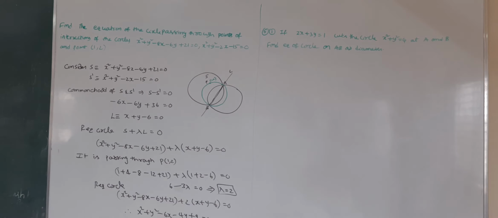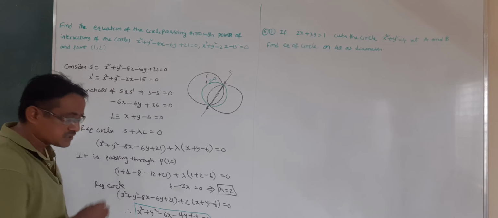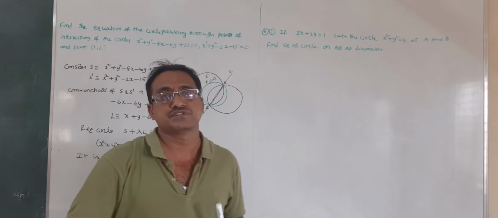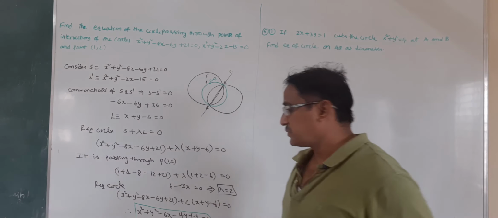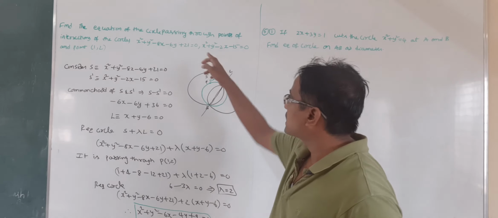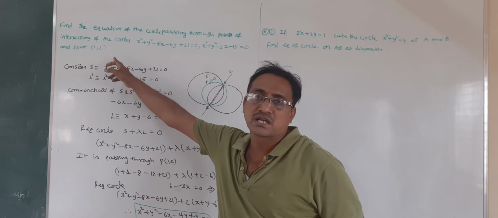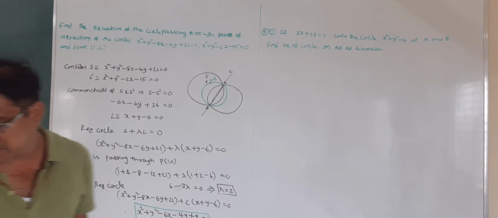This is the required circle passing through the intersections of S is equal to 0 and L is equal to 0 and a particular point 1 comma 2. So you can draw infinitely many circles, but they have asked for a circle which is passing through 1 comma 2.